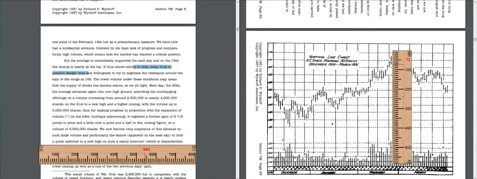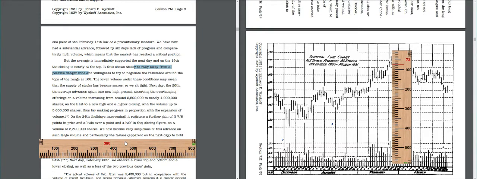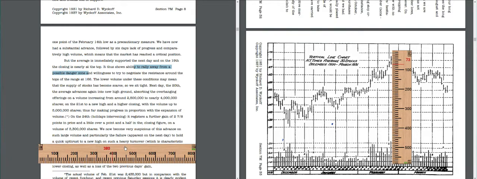Alright, and what is important about this day? What's important, we now become very suspicious of this advance on such large volume, and particularly the failure to hold a quick upthrust. This is how Wyckoff talks about an upthrust. This is not the way Evans talk about an upthrust.